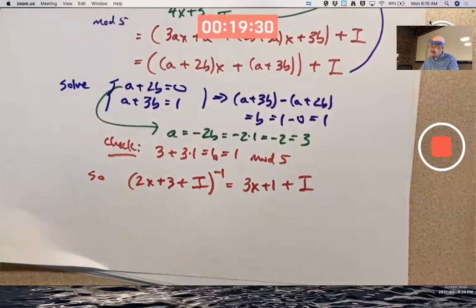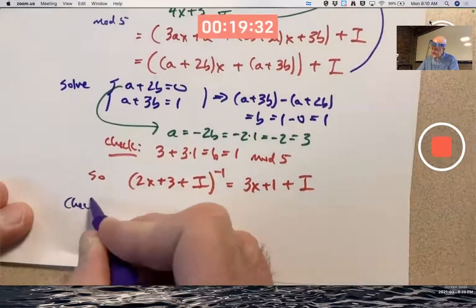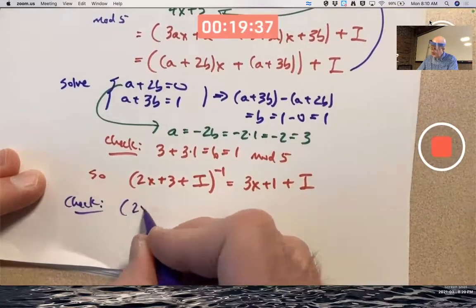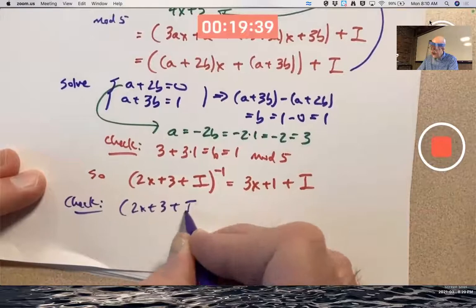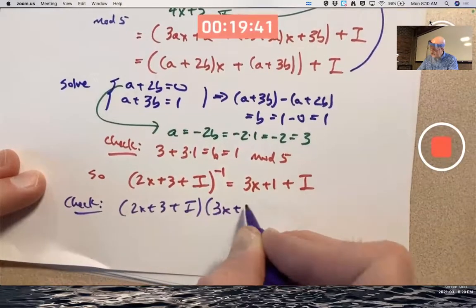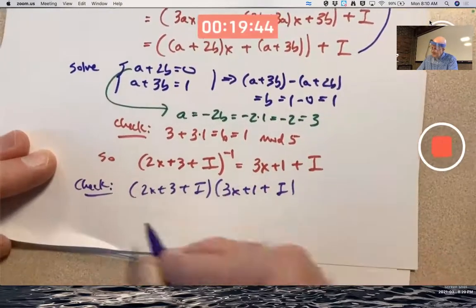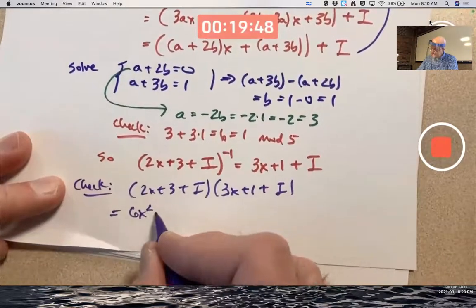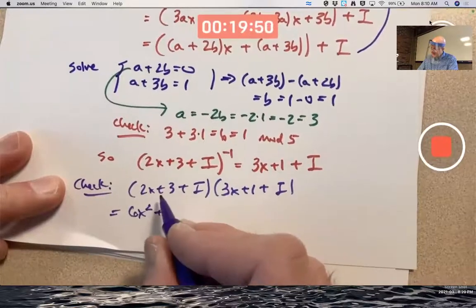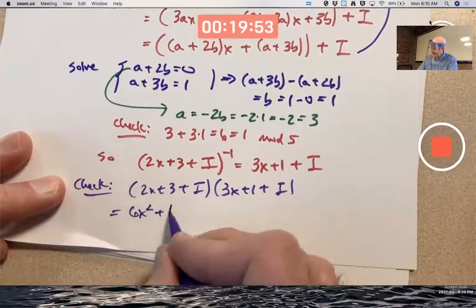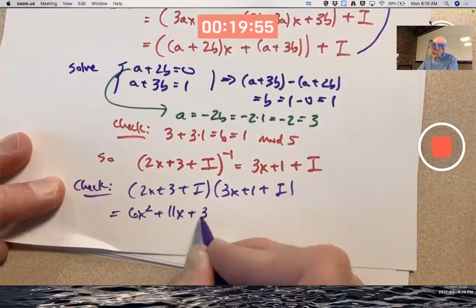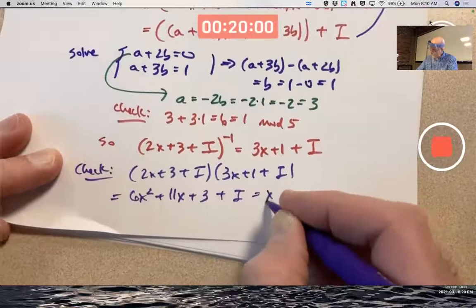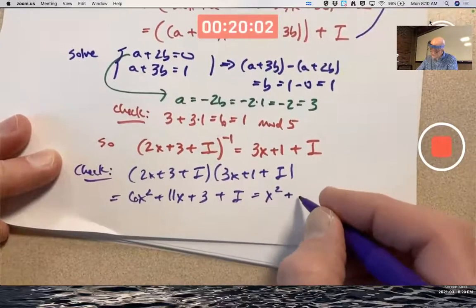As another check, let's multiply them and just double check that it works. 2x plus 3 plus I times 3x plus 1 plus I. Foil the representatives, you're going to get 6x squared plus, I'm not modding by 5 initially, a 2x and a 9x is an 11x plus 3. Yeah, we can mod by 5 right away, but that doesn't finish it yet.